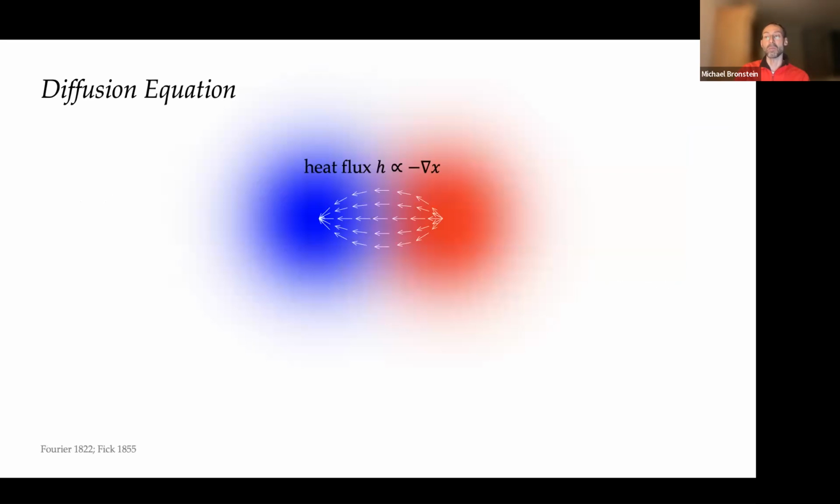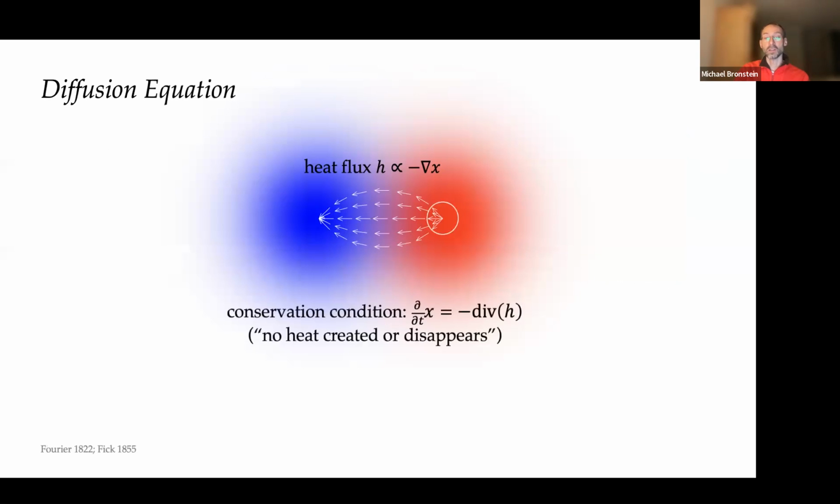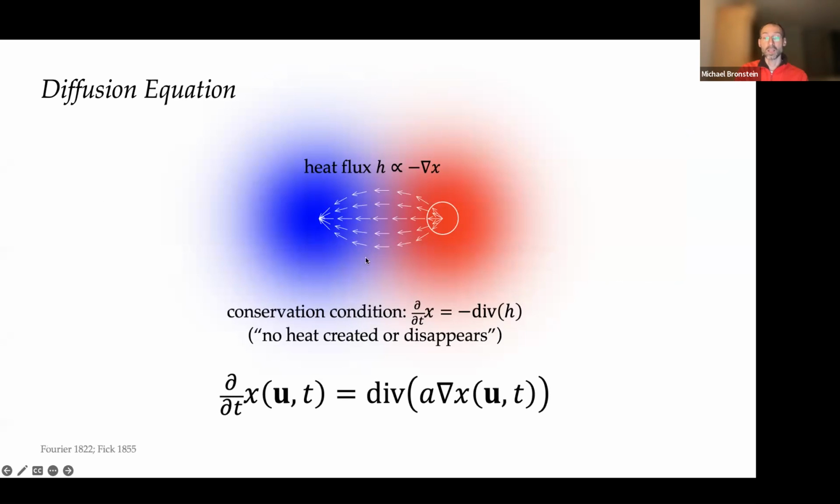So we have some quantity, let's say temperature, on our domain, on our object. It creates a heat flux that is proportional to the negative gradient of the temperature. The conservation condition means that the only change in time is due to the divergence of this heat flux, and put together, this gives this classical equation. On the left-hand side, we have the temporal derivative of our quantity, temperature.